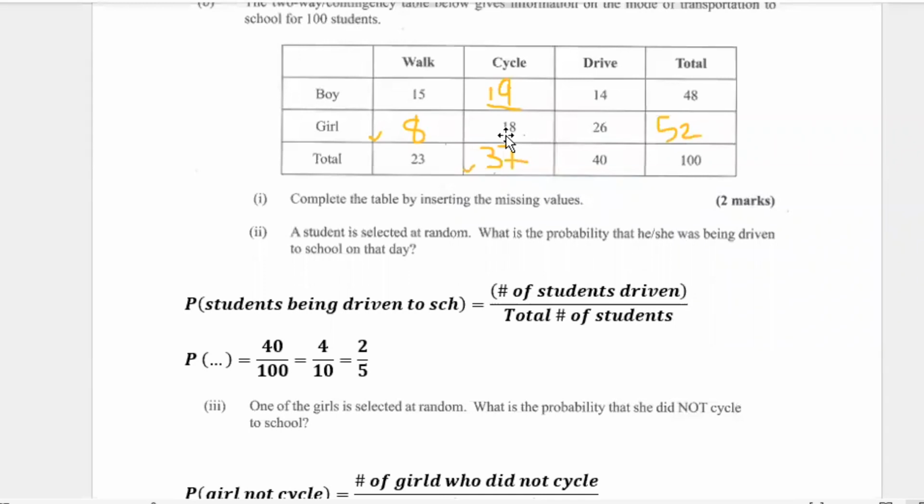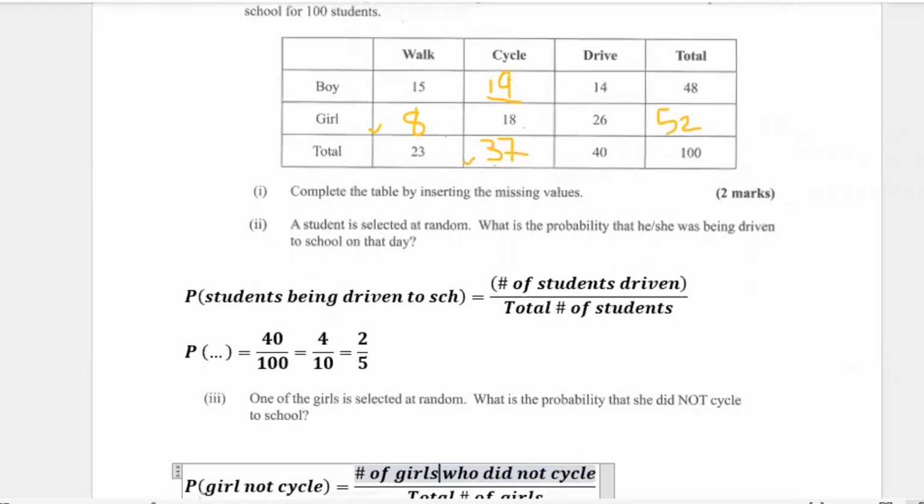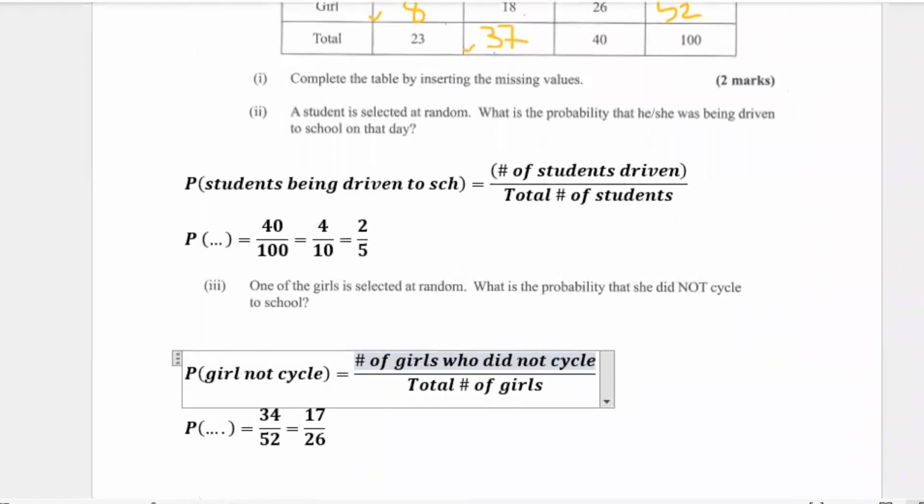She either walked to school or she was driven to school. So it would be the other modes of transportation over the total girls. So it would be the 18 for those who walk, the 26 for those who are driven, and that gave us 44 over the total number of girls, which is 52. That is how we got 44 over 52, which when we simplify, we got 22 over 26. Any clearer?